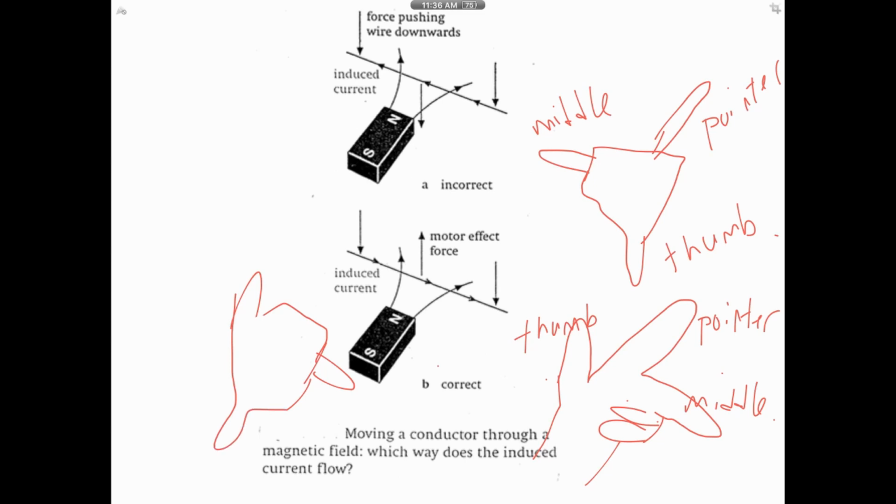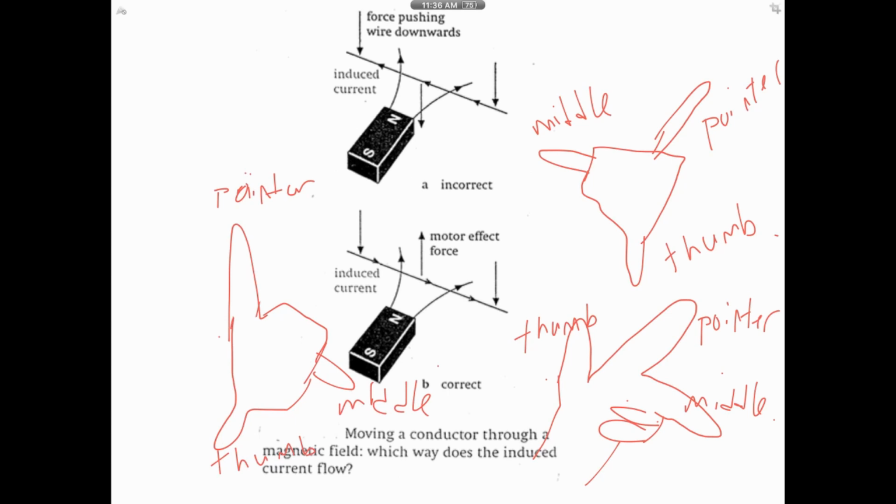Does it look correct? No, something weird. Like this, then it looks better. This is my pointer finger, this is the middle, and this is my thumb.